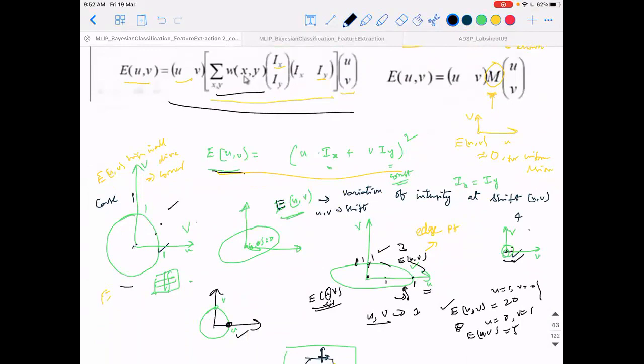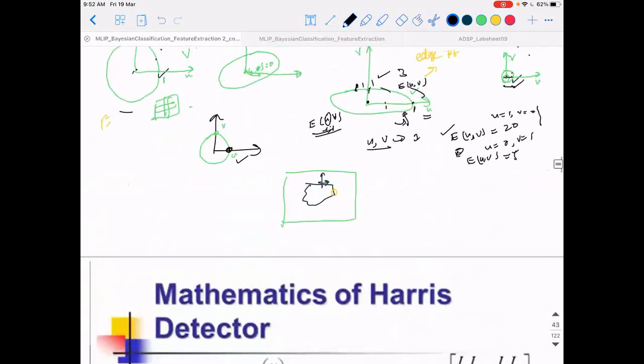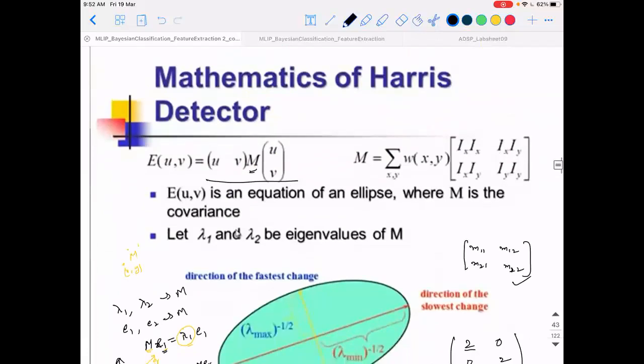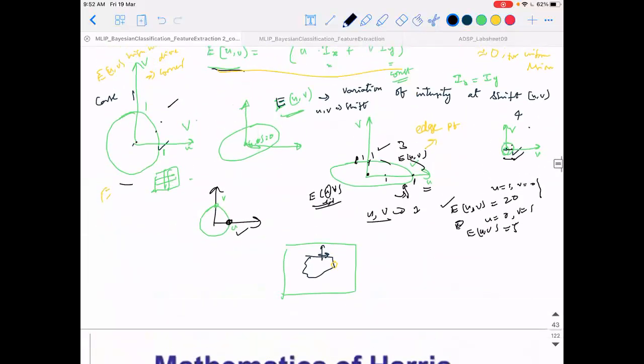Okay. As I said, what we have sketched here is the locus of points. In the second case, what we have fixed is U and V. We are taking only U and V fixed from -1 to 1.